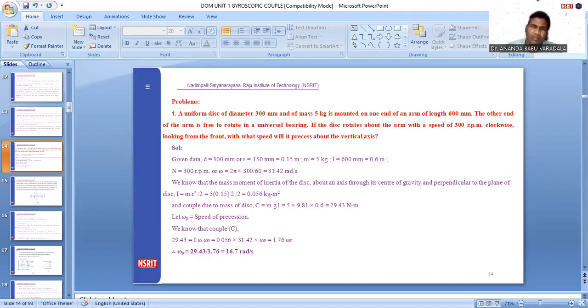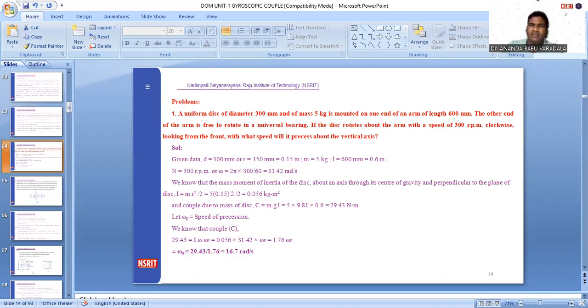If we know the mass of the disc and length of the arm, we will get the couple, and we substitute it in the couple formula. We will get the value of omega p. I and omega we have, and omega p is the value to be calculated. So finally, we got the precessional angular velocity omega p equal to 16.7 radian per second.